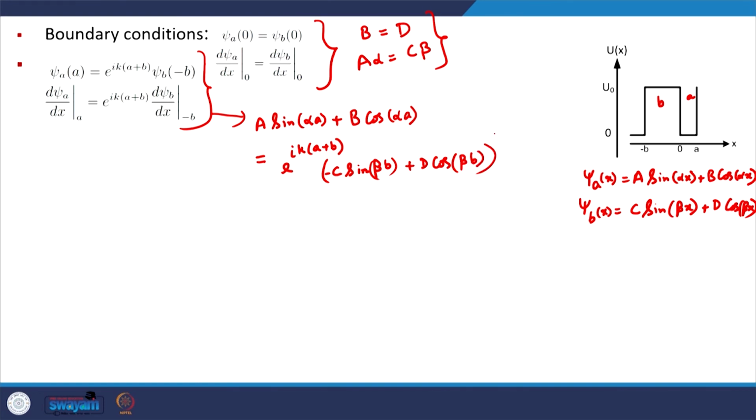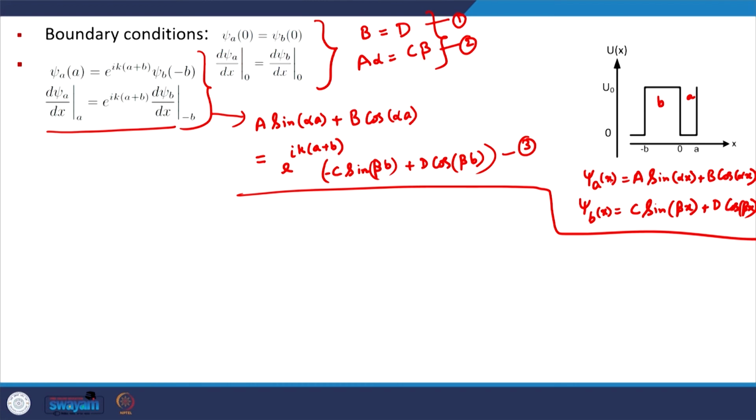So, this is constraint number 1, this is constraint number 2, this is constraint number 3, and the fourth constraint will come from the derivative of these wave functions.